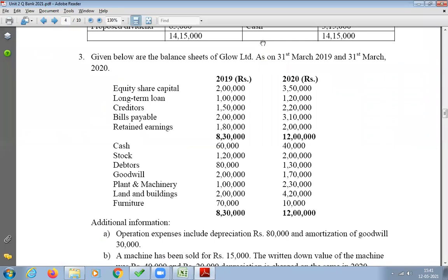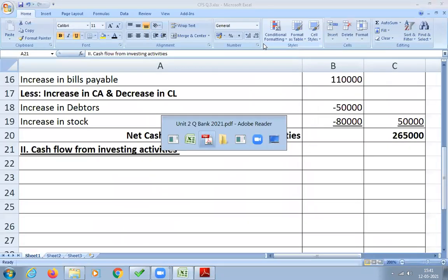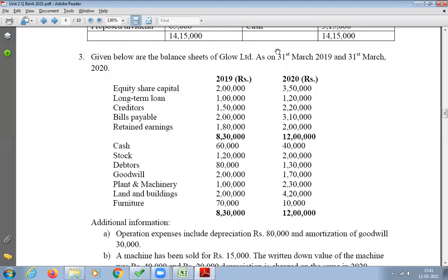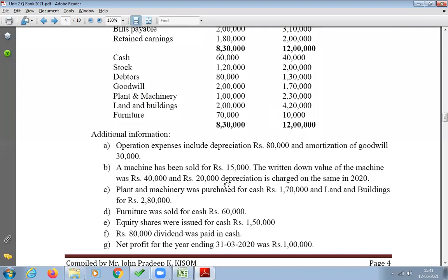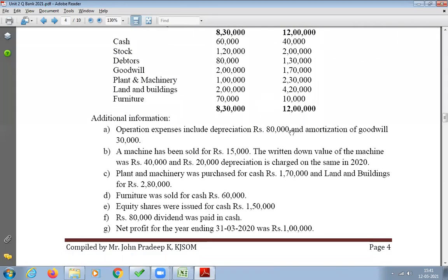Please check. Plant and machinery. It is increased by how much? 1,30,000. Again, depreciation is given, and one machine they have sold and one machine they have purchased.